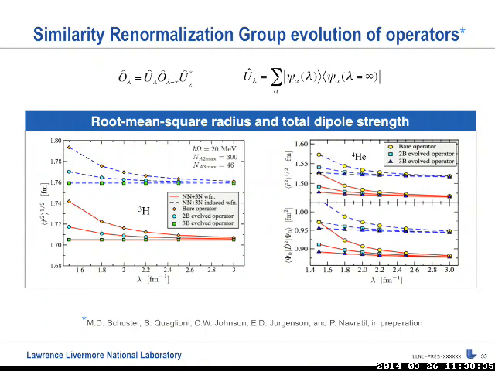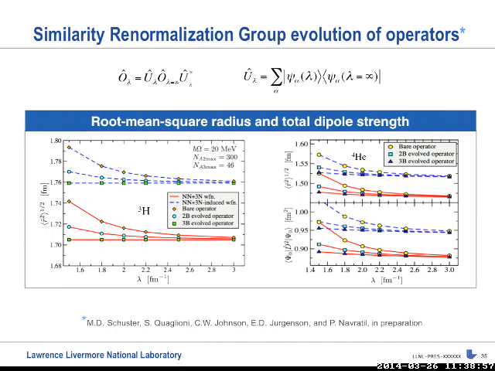Okay. So now, you should do it for all the other operators, and we have been doing this for the root mean square radius and the total dipole strength. For now on the helium 4, and you can see here results done with the bare operator. So there are 2 types of lines.